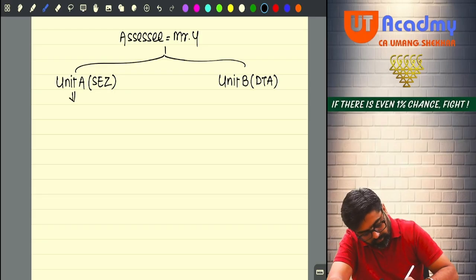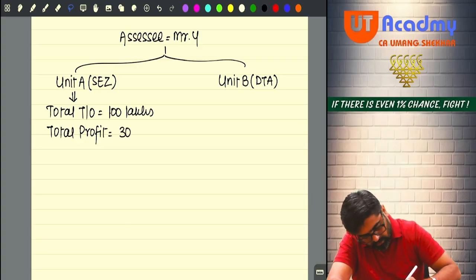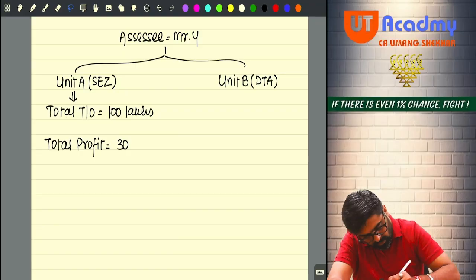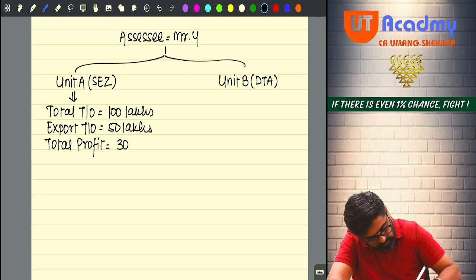Unit A business, total turnover 100 lakhs. Total profit is equal to, wait, total turnover is this, export turnover is equal to 50 lakhs. And total profits is 30 lakhs, right now?